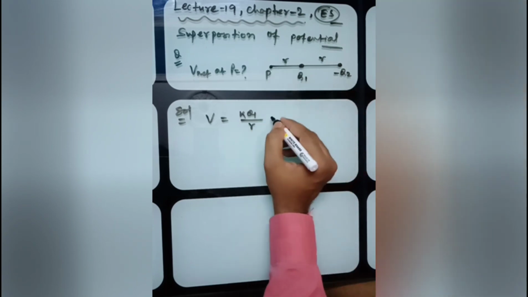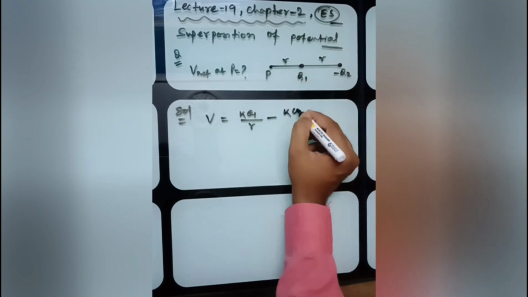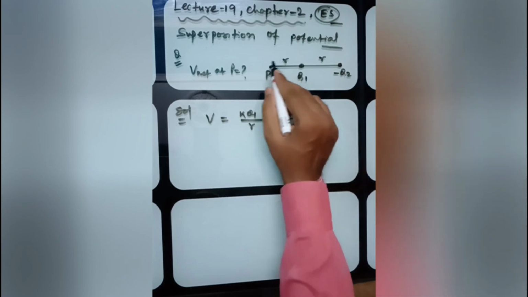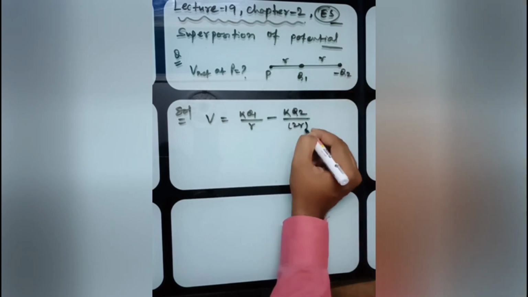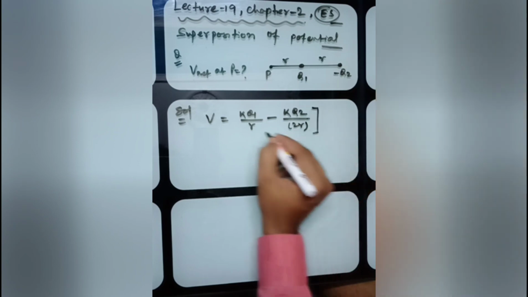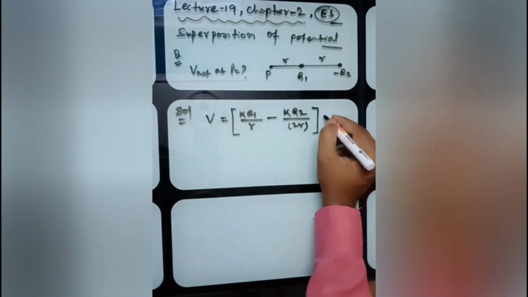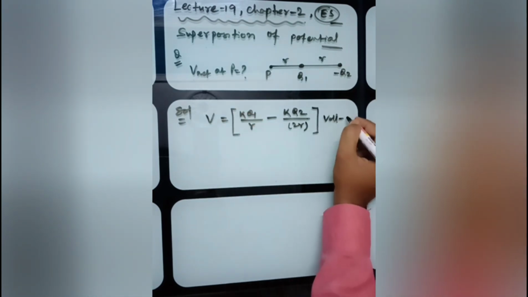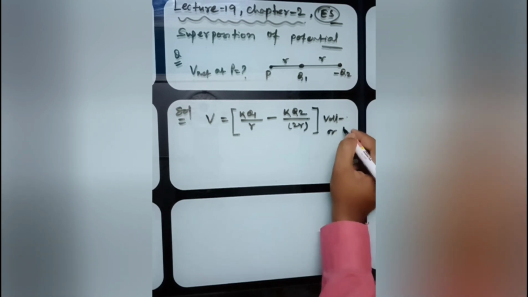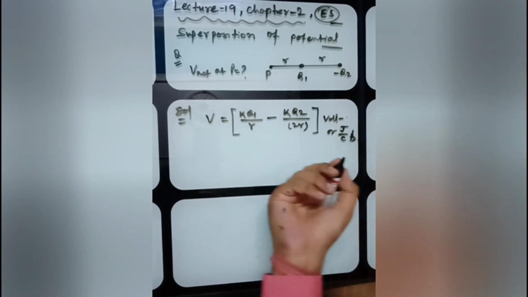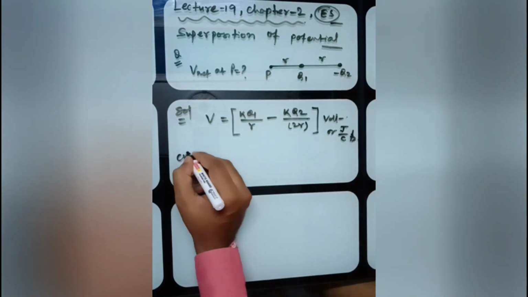Now this is negative, so minus kQ2 divided by the distance 2r. Joule per coulomb is the volt. This is the answer. Very simple, no? Okay. Another question.